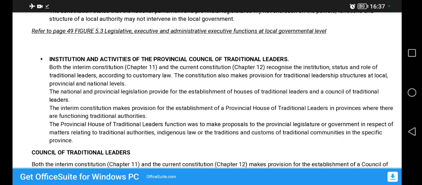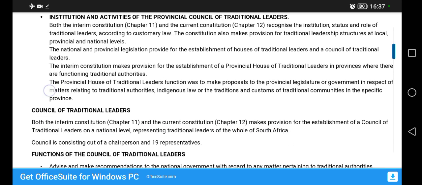The Provincial House of Traditional Leaders' function was to make proposals to the provincial legislature in respect of matters relating to traditional authorities, indigenous law, or the traditions and customs of traditional communities in the specific province.